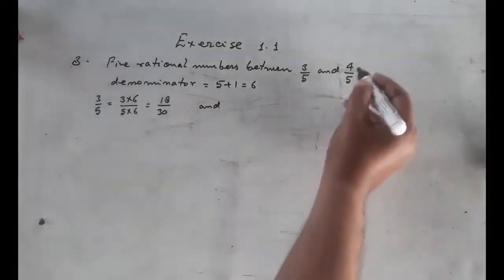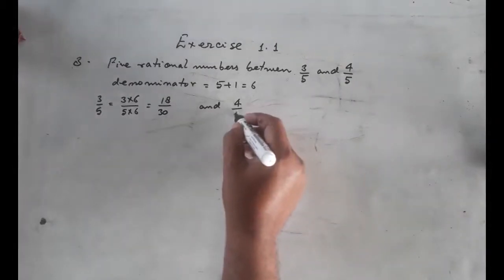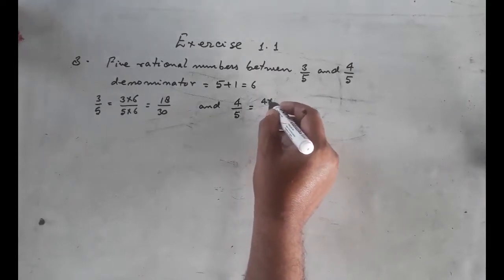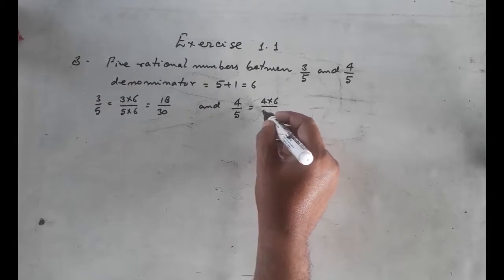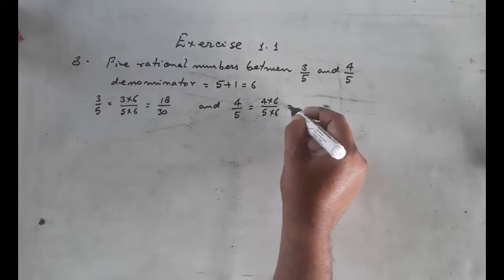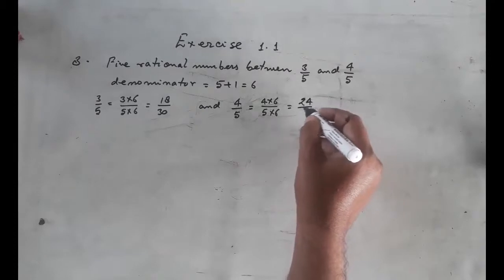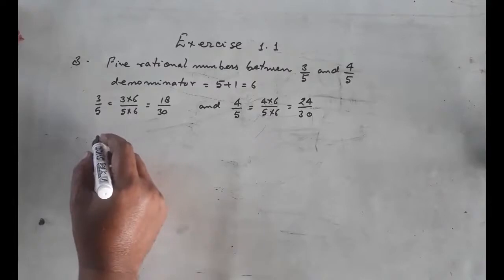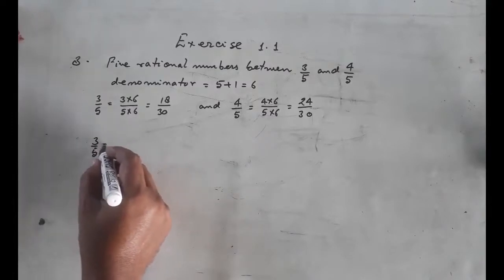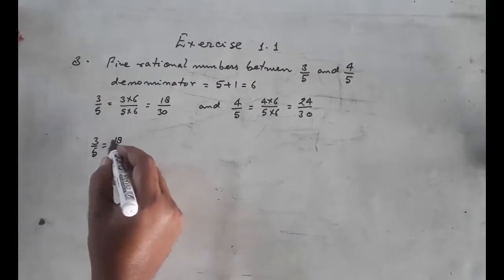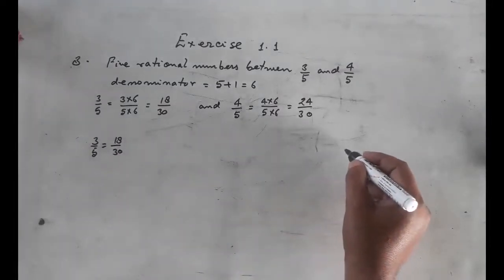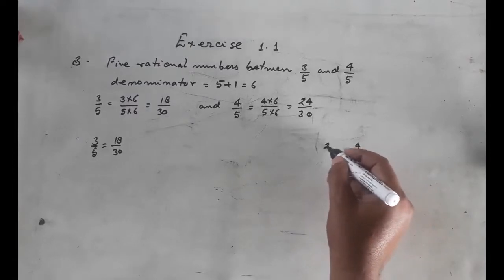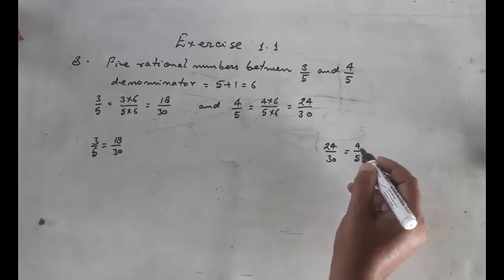And your second number is 4 by 5. You can multiply 4 into 6 by 5 into 6, that is 24 by 30. Here 3 by 5 is 18 by 30, and 4 by 5 is 24 by 30.